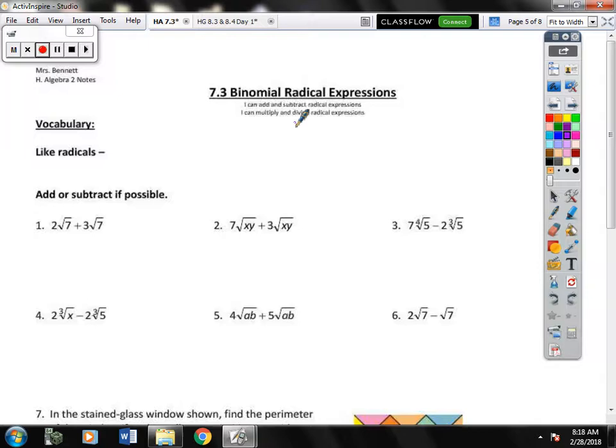So first of all, like radicals are kind of like terms. So these are the radicals that have the same radicand and index. Okay, index we know is the type of root you're taking.